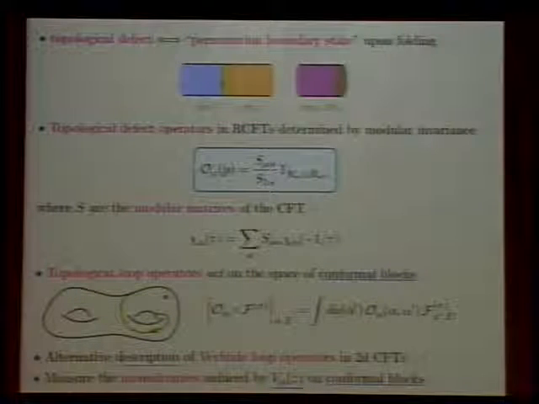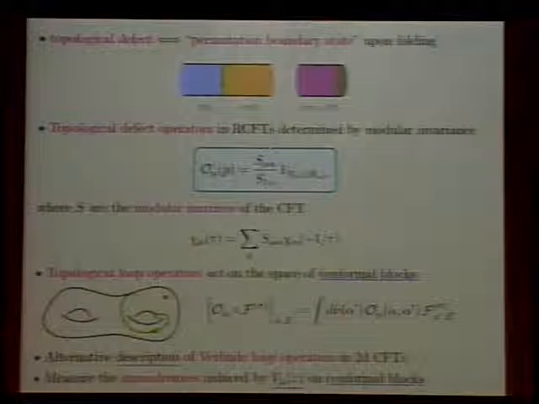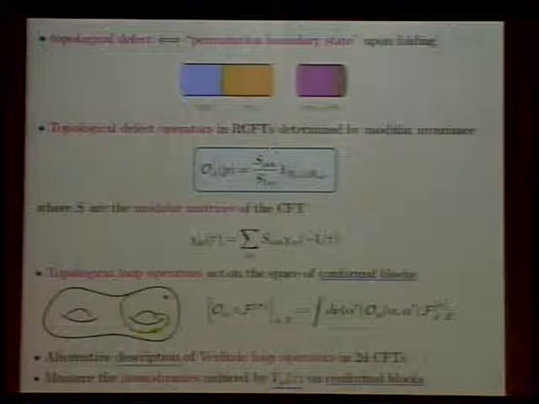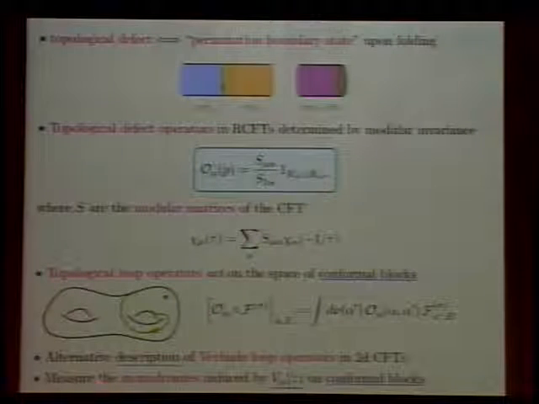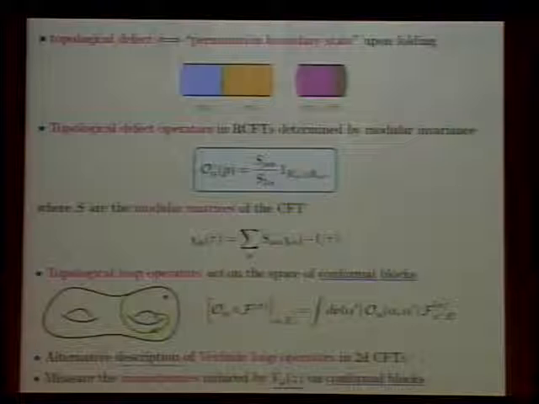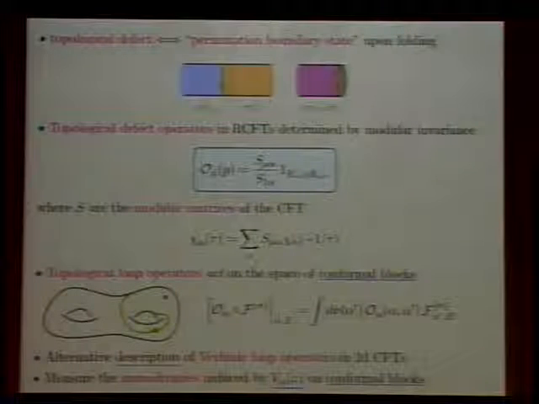Okay? The fact that they are really related to topological defects, combined with what I already said, that semi-classically these operators are measuring semi-classical monodromies of field configurations. Physically, what these operators are doing is measuring monodromies induced by particular chiral operators. These are operators that are only either holomorphic or anti-holomorphic, acting on the conformal blocks. Okay?